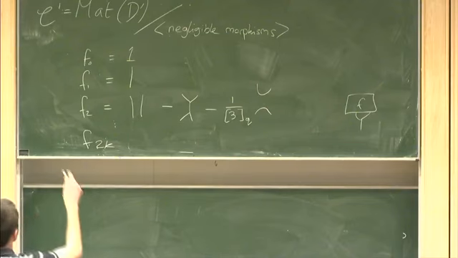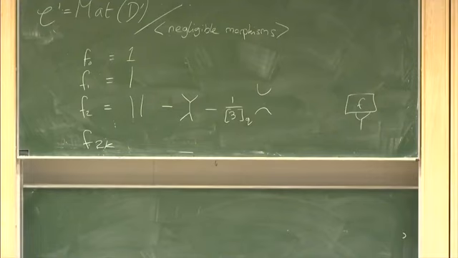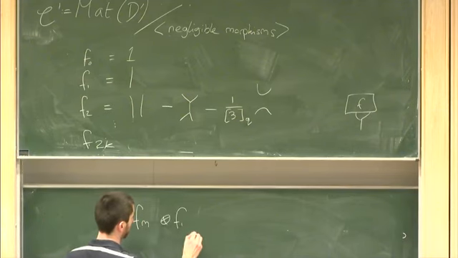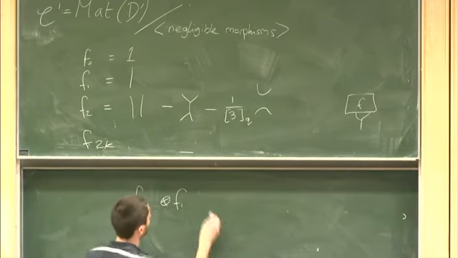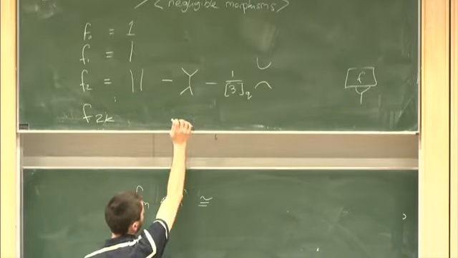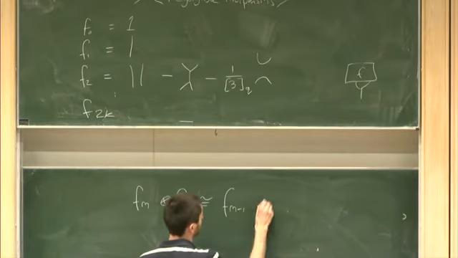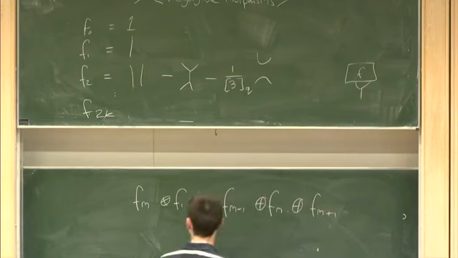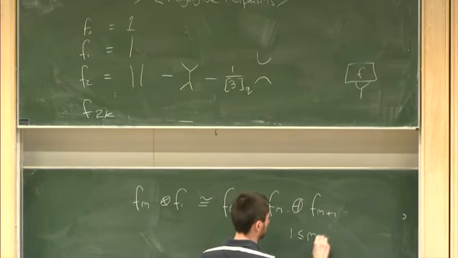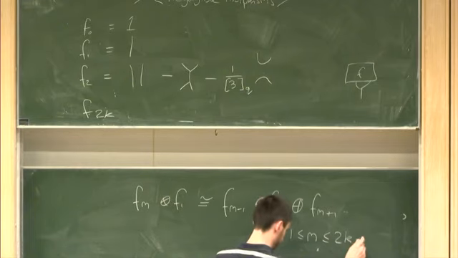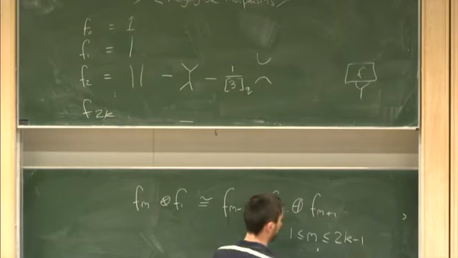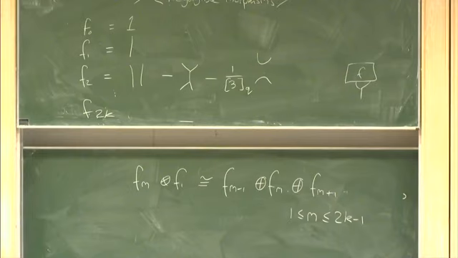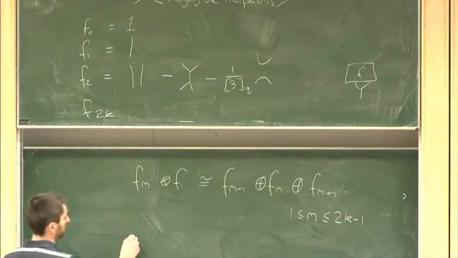Okay, so we have 2k plus 1 simple objects, and these satisfy fusion rules. So for n not 0 and n not 2k, the fusion rules are like this.